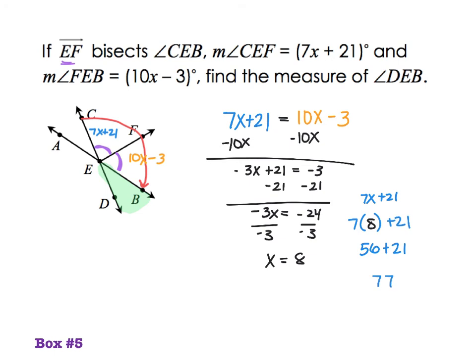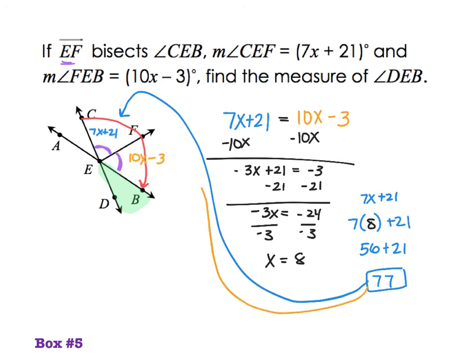That gives me 77. Now, this 77, pay close attention. That's this measure here. Believe it or not, it's also the measure for the one in orange because they're equal to each other. They're both 77. Hopefully you guys are with me.